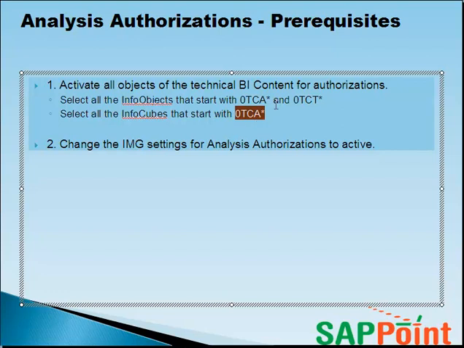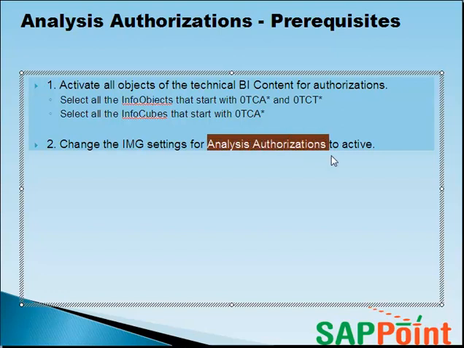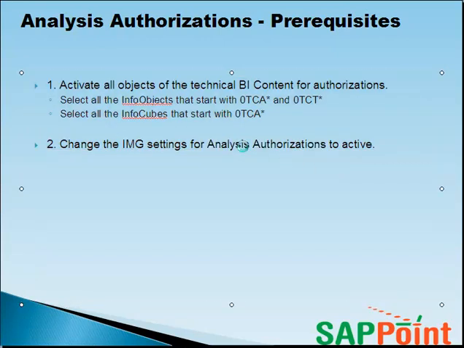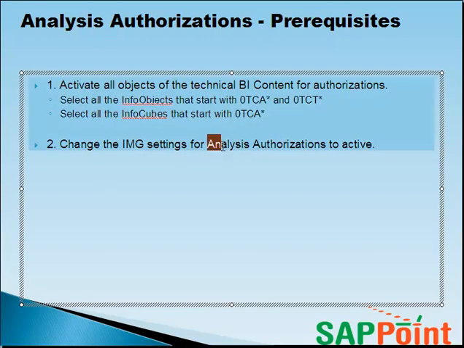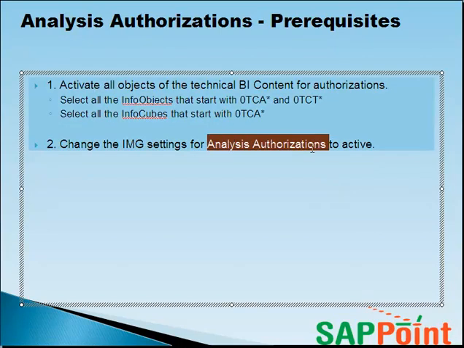So you have to activate them. And also there is a setting in the IMG that gives us the option to use the old BW 3.x mechanism of security, that is using the objects, or you can select whether you want to use the new analysis authorizations method. So we'll see later how this setting is set.